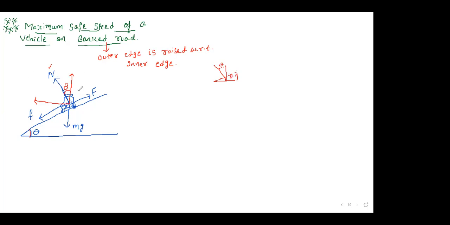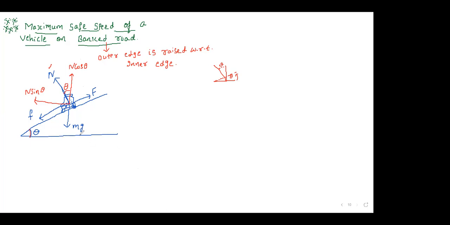So this component will be N cos theta and this component will be N sin theta. So we have resolved N into two components: N cos theta and N sin theta.